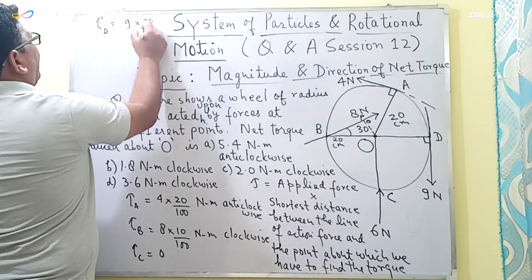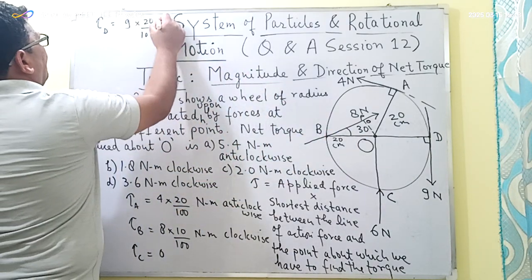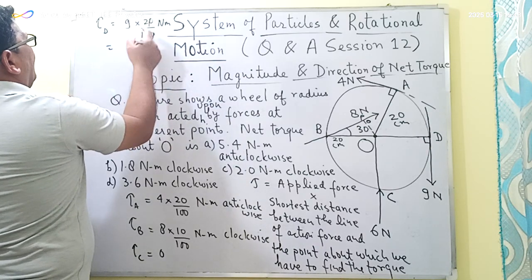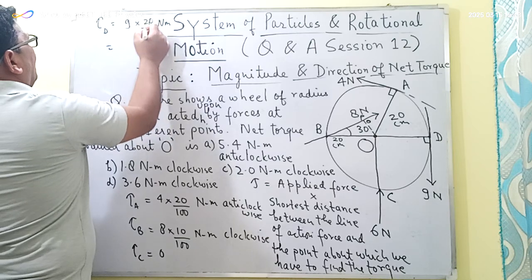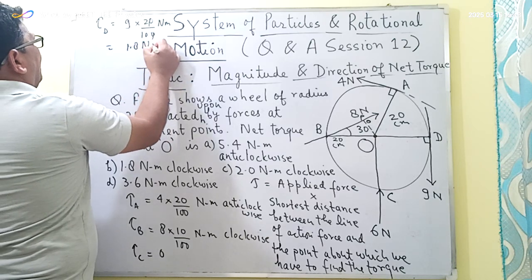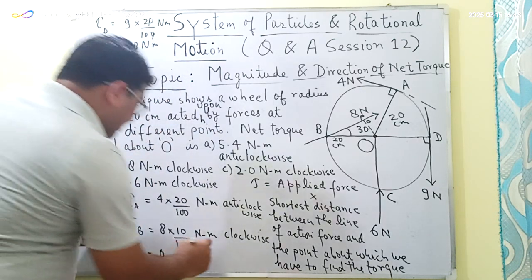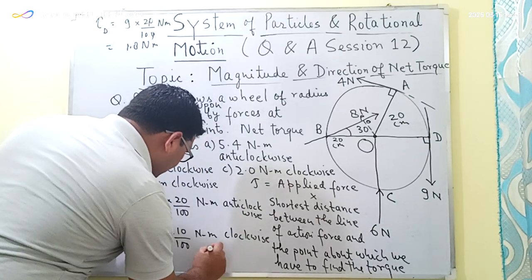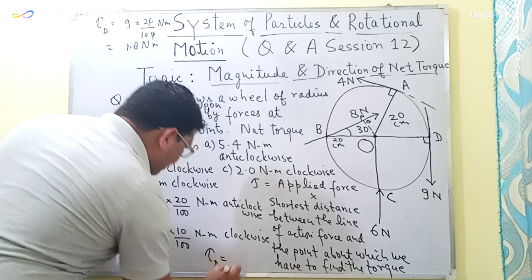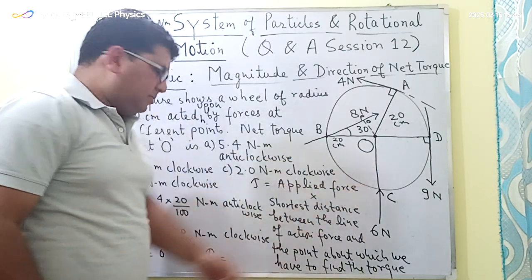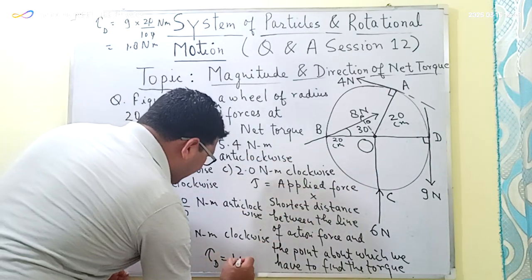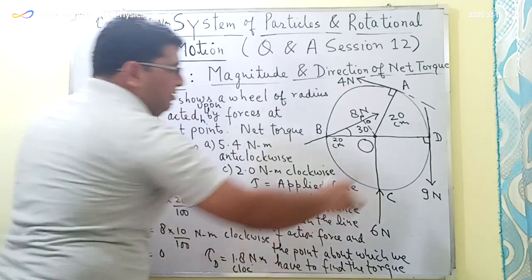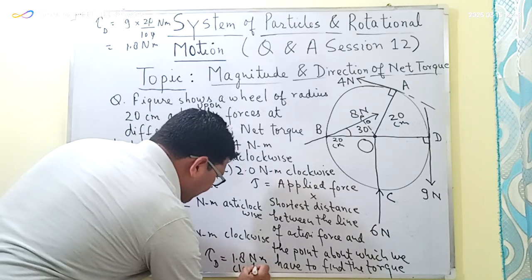So this is equal to 9 into 20 by 100 Newton meter, which is 1.8 Newton meter. So the torque at point D will be 1.8 Newton meter, and this will be clockwise.